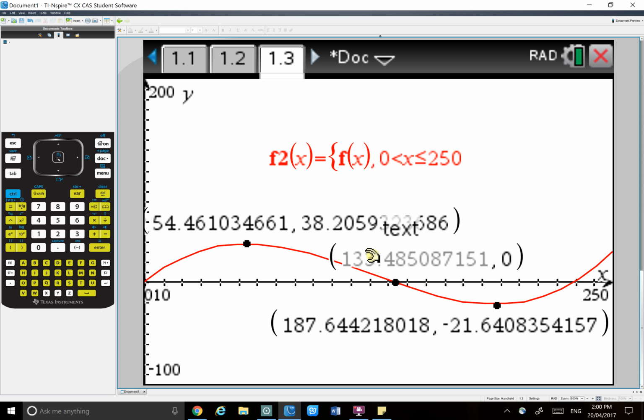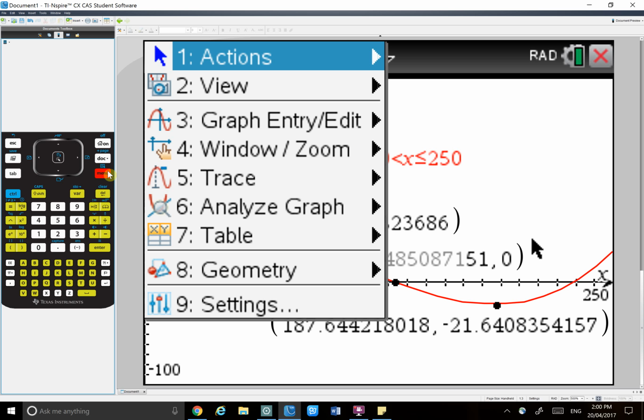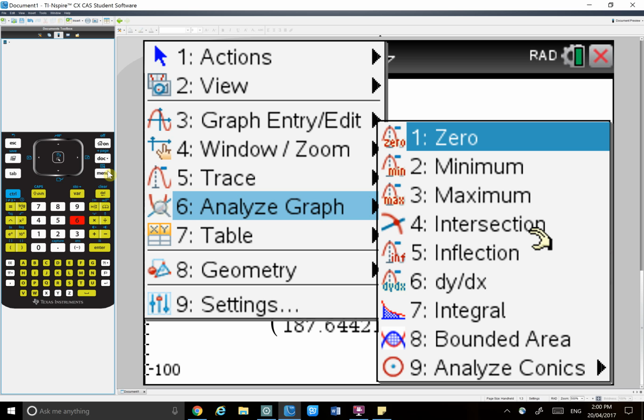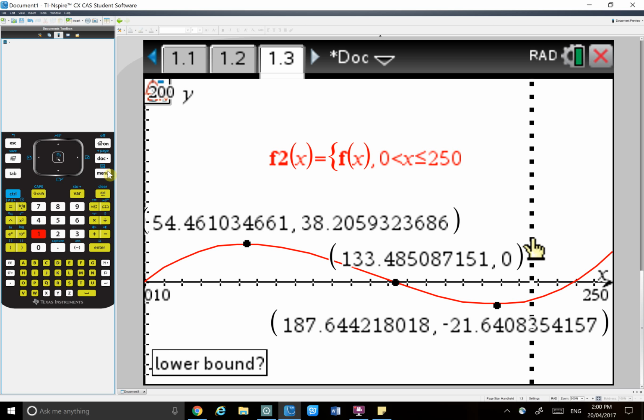Even though you have 2 x-intercepts, you need to find them one by one. Now you find the first one, and then you go to find the next one, 6 and number 1. Go to the left.